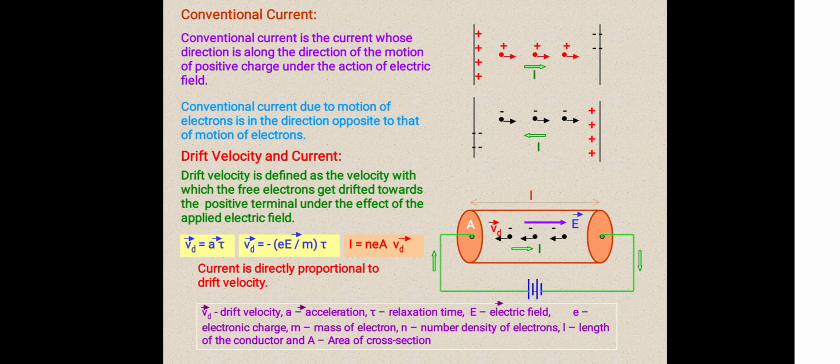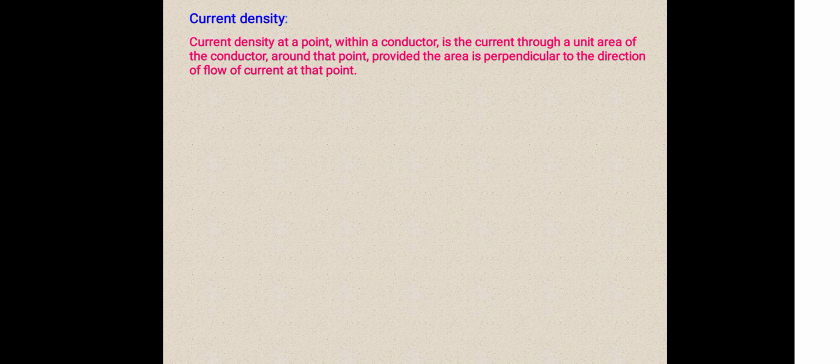Clear? Now next we discuss the current density. Current density is denoted by J, and the current density at a point within a conductor is the current through a unit area of the conductor around that point, provided the area is perpendicular to the direction of flow of current at that point.